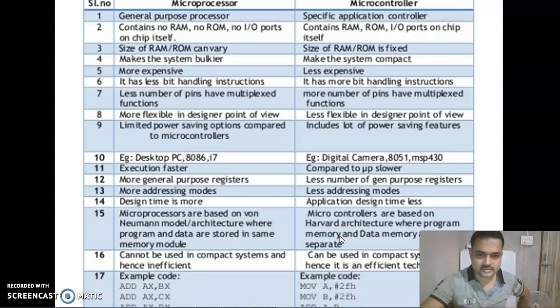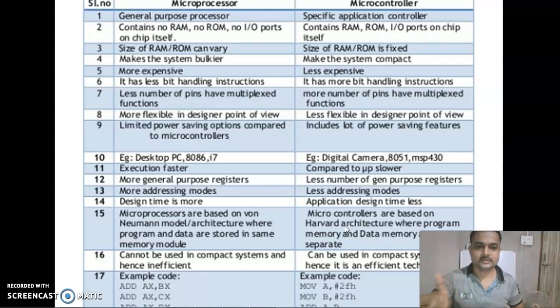Pipelining means that when one instruction is executing, another operation is also possible at the same time because the memories are separate. While one operation is going on, another can be done simultaneously. Here the memory location is the same, so only one operation is possible at a time. So pipelining is not possible in a microprocessor, but it is possible in a microcontroller because in Harvard architecture program memory and data memory are separate.